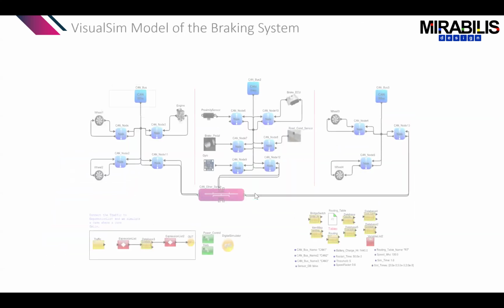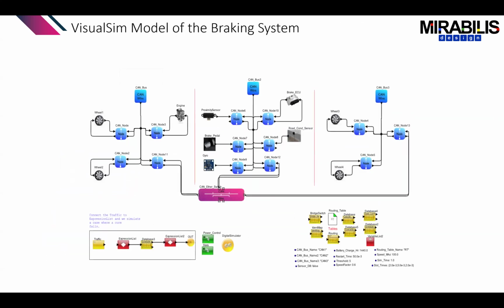then you describe the model using the VisualSim building blocks. For example, that's the CAN bus, that's a sensor. These are the files that are used to define different attributes like the traffic, the routing table, things like that. The first thing you want to define is your setup. So these are all the setup tables. Then you want to define the CAN buses themselves.